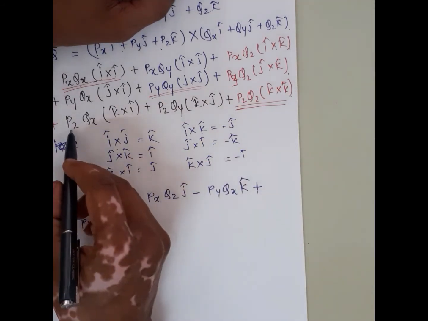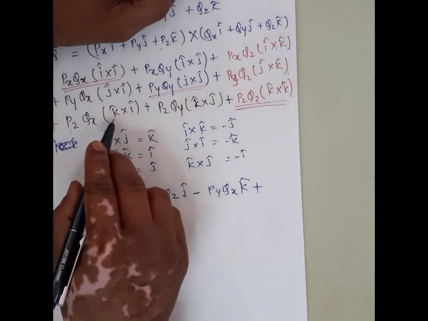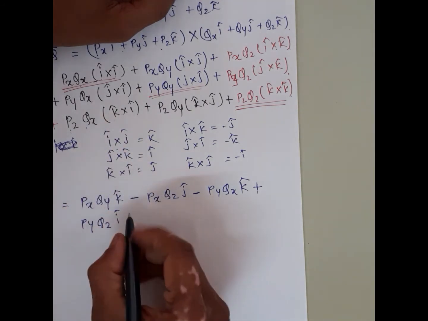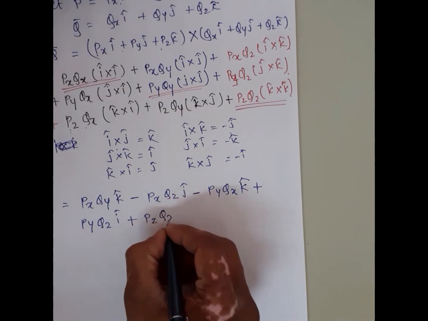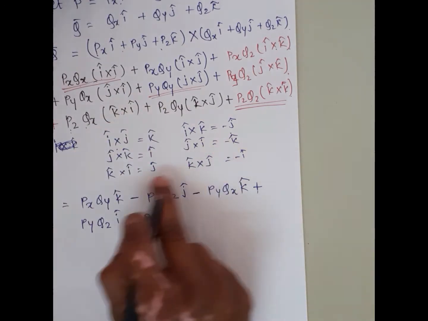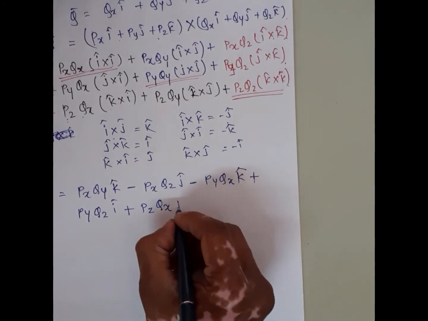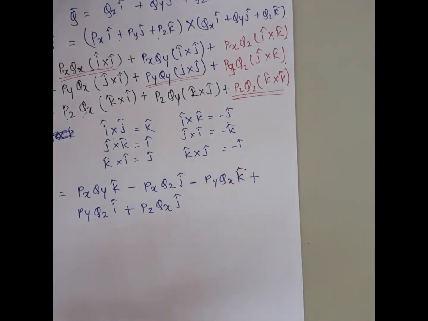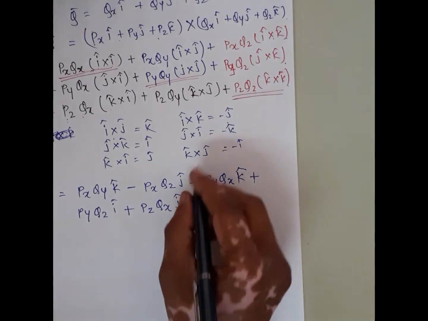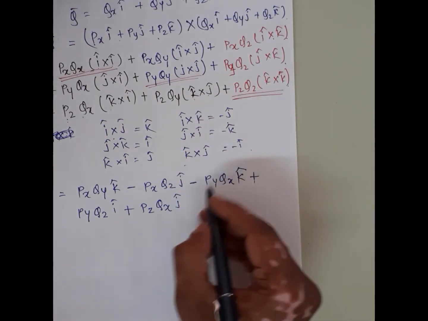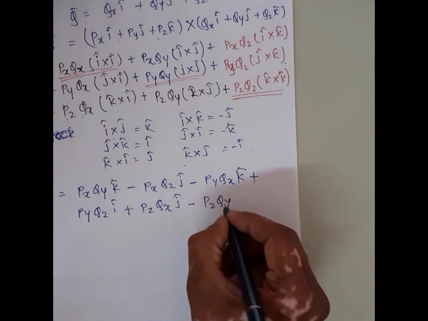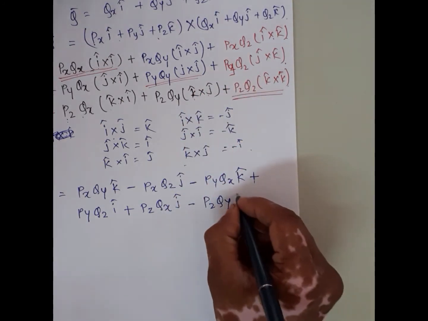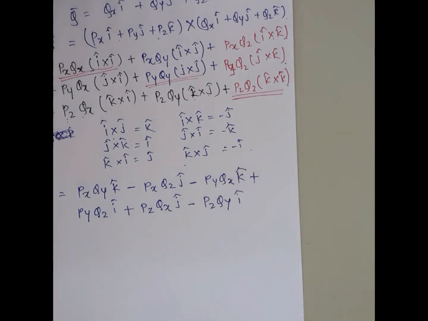And this PzQx, K cross I cap, straight away, so here we write the positive sign: PzQx, K cross I is J, so here we write J cap. Then PzQy, K cross J is minus, so I write the minus sign: minus PzQy I cap. Okay, understood all these things.